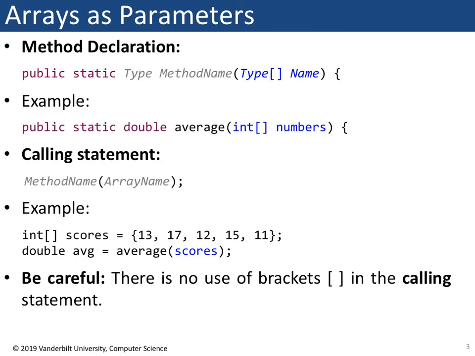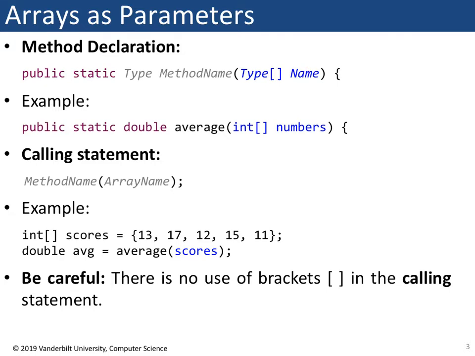Now, that should ring a bell to you from how you have to declare the array itself. So when we're declaring an array variable, we do the very same thing. So if the type was int, it would be int open close bracket. Remember, what we're doing here is declaring an array parameter so that when we pass some array to this method, we copy the reference to that array into this parameter.